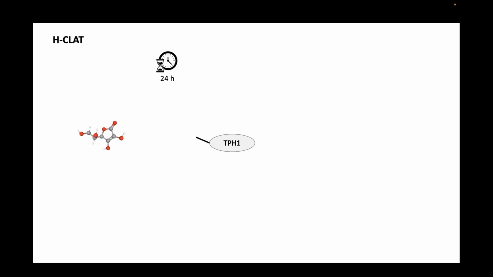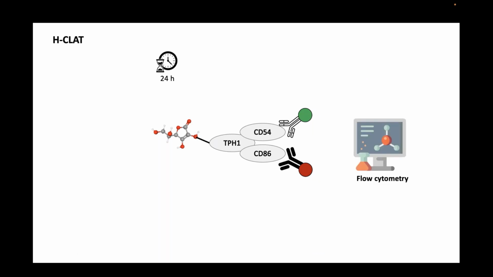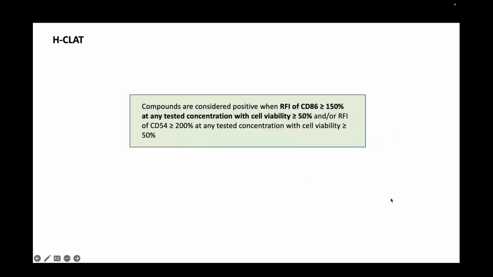The h-CLAT assay is also a binding assay. You incubate for 24 hours with dendritic cells. You get the expression of CD54 and CD86. You use antibodies against the proteins, wash away the remaining antibodies, and you can detect the labels by flow cytometry.